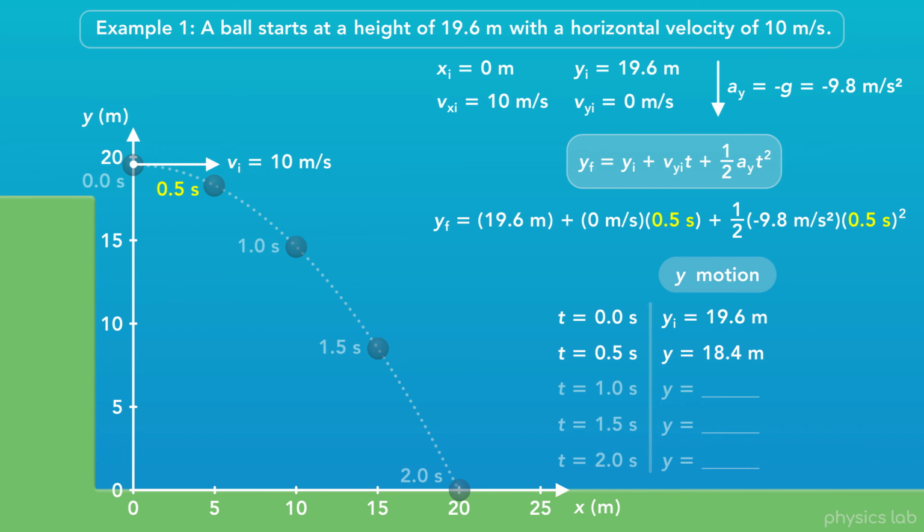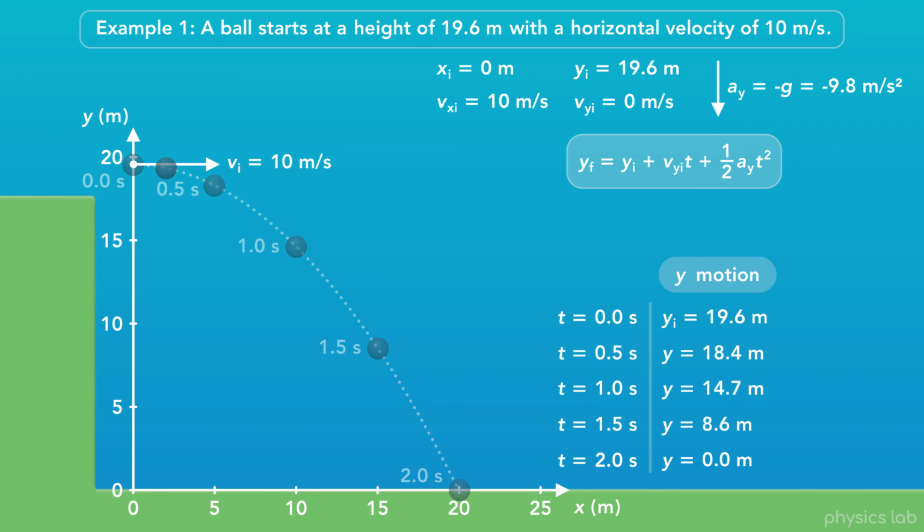We can do the same thing for each time point by plugging in the same initial values and the different times. At 1 second, the y position is 14.7 meters. At 1.5 seconds, it's 8.6 meters. And at 2 seconds, the y position happens to be 0 meters.